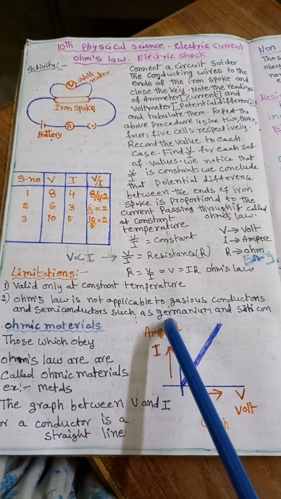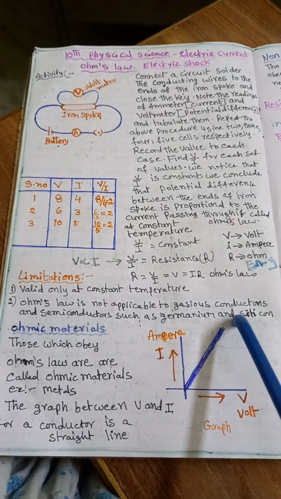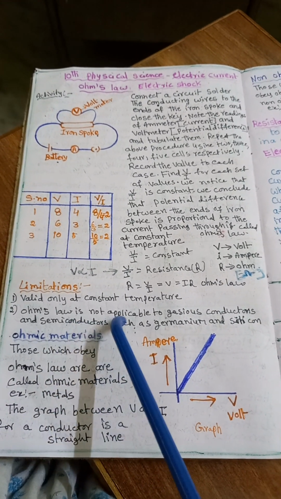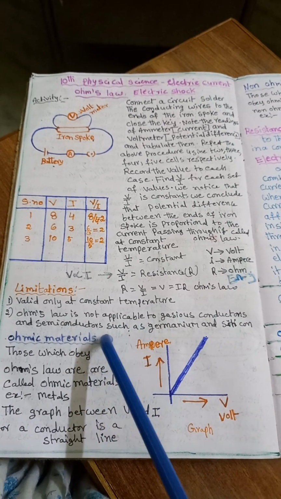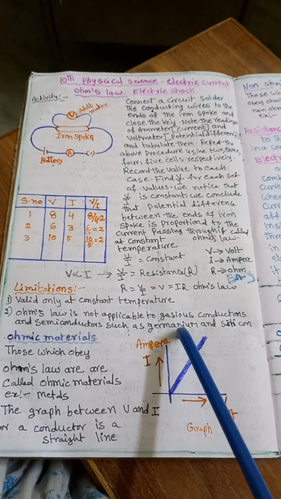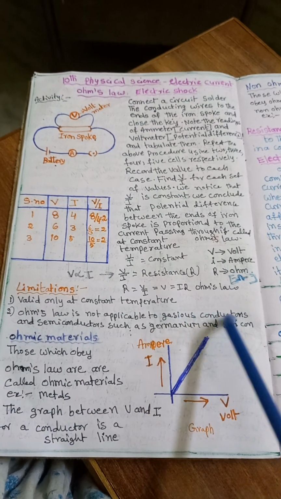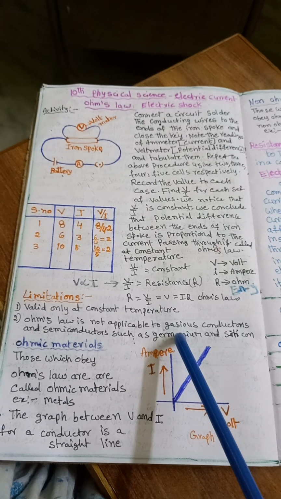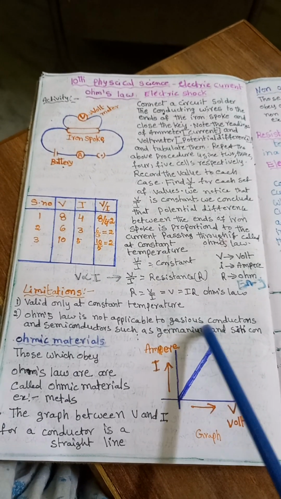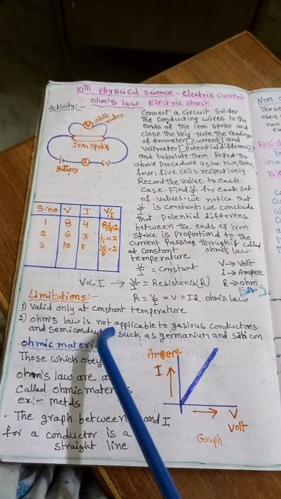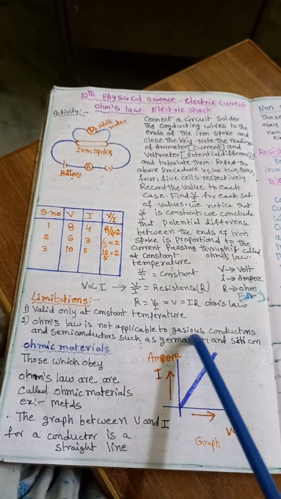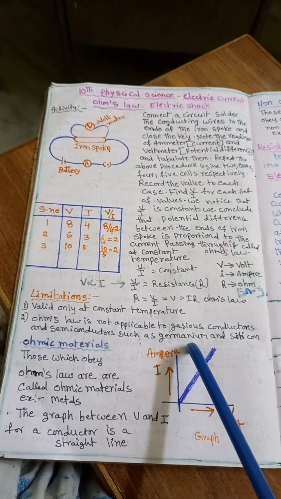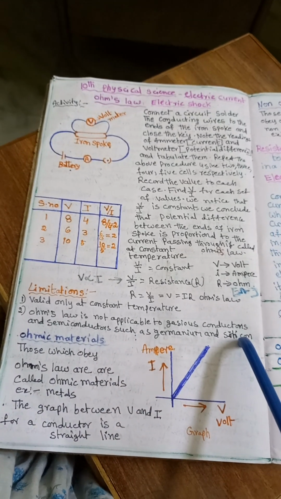Normally germanium and silicon are called semiconductors; they allow some current through them, and gaseous conductors also. Some gases allow the current to pass, so they are called gaseous conductors. But Ohm's law is not applicable to gaseous conductors and semiconductors such as germanium and silicon.